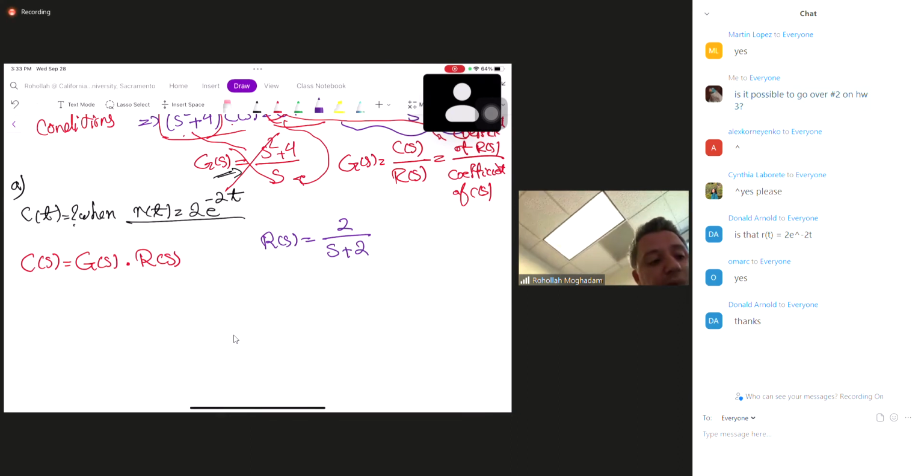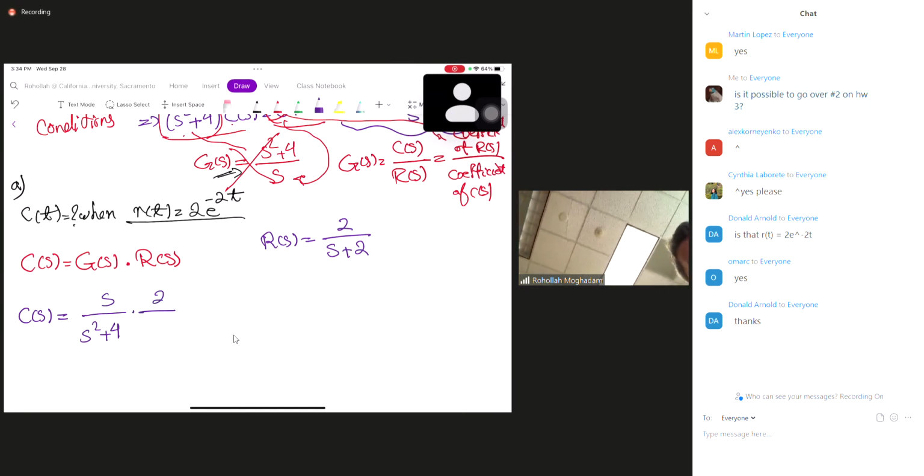Then C of s is G of s. What is that? It is s over s squared plus 4 times R of s, 2 over s plus 2. Then C of s becomes 2s over s plus 2 times s squared plus 4.